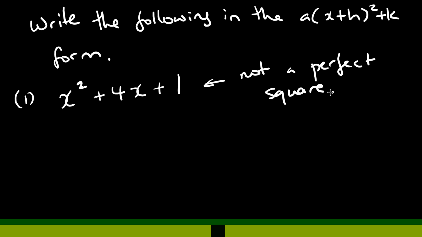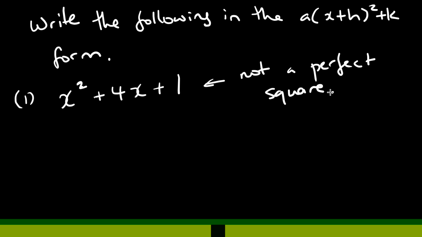Well, yes, because completing the square is actually the process of making a perfect square. So that's where we're going with this. We have to take what is not a perfect square and we have to make it a perfect square. Now, how do we do that?